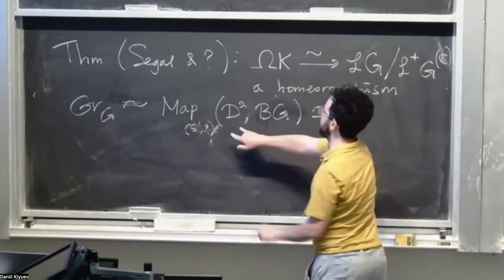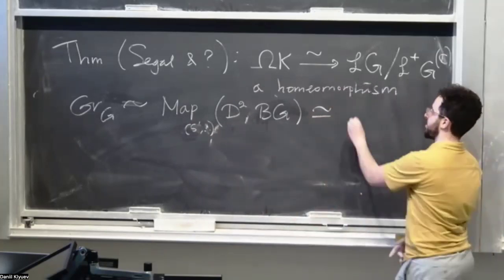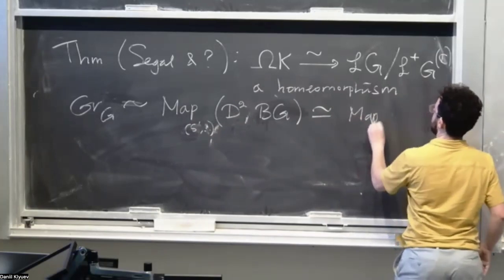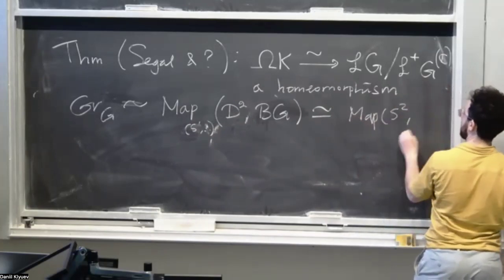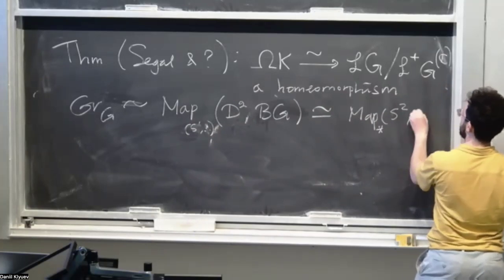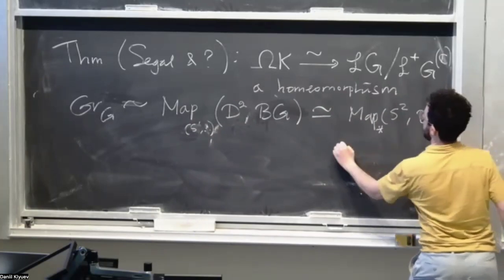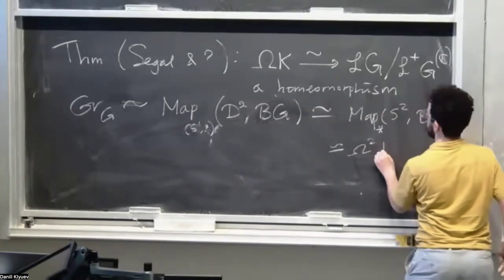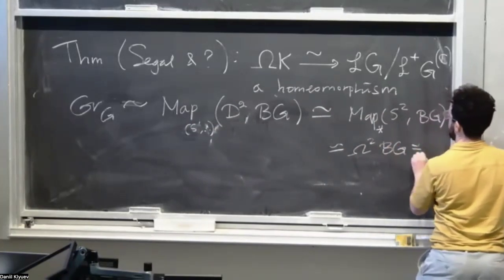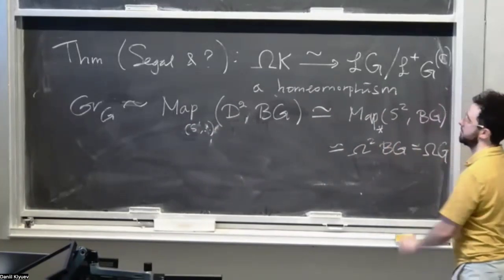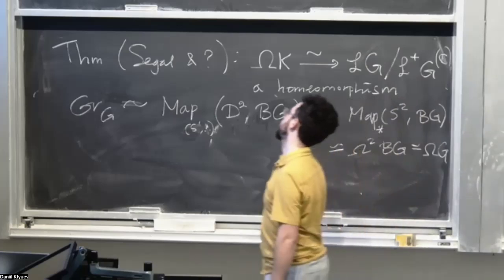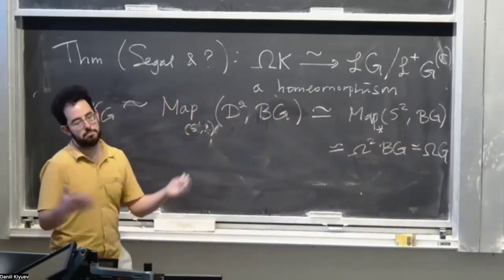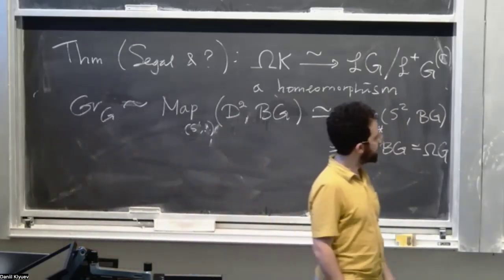So a map from D2 that sends the boundary of D2 to a point is the same as a pointed map from S2 to BG, which is the same as loop 2 of BG, which is the same as loop G. So this is heuristic, not an actual proof.